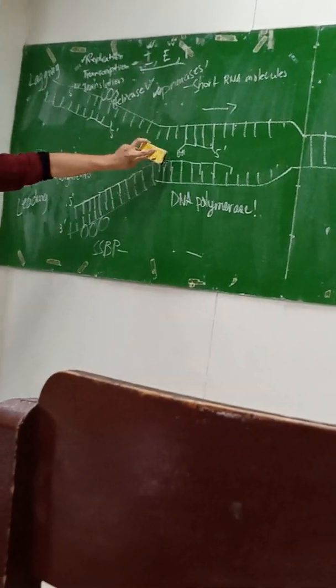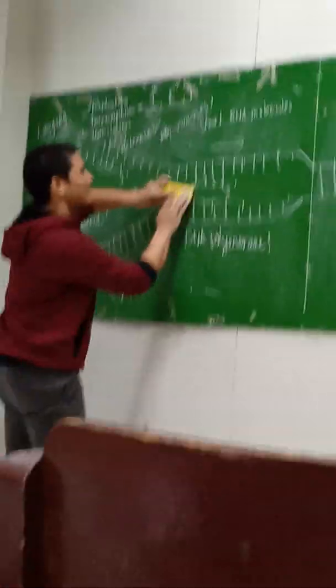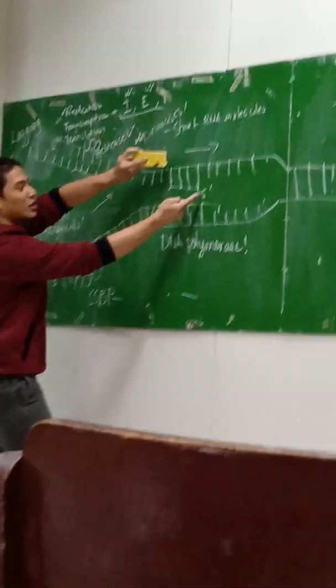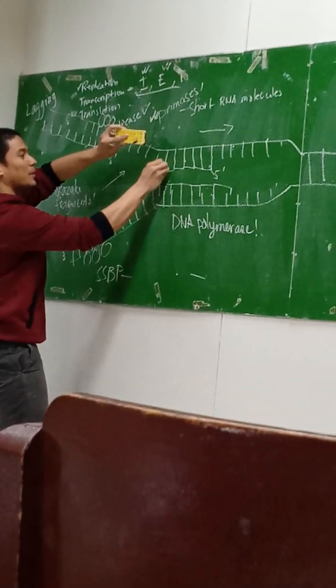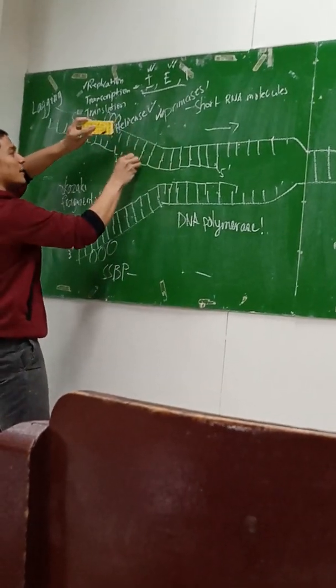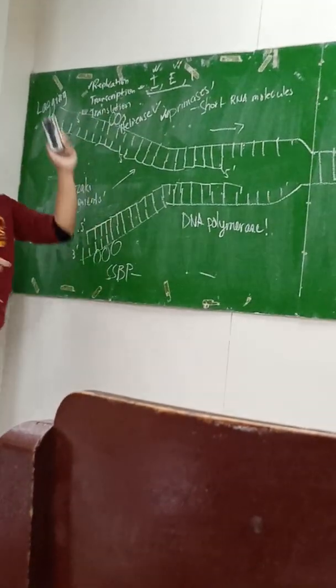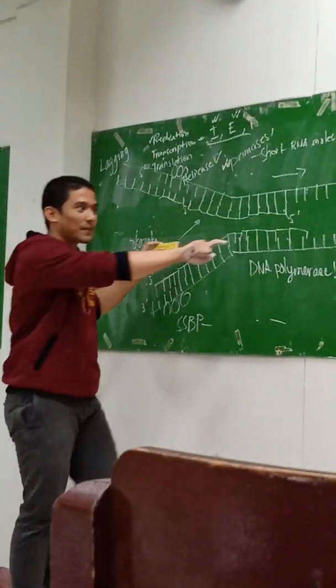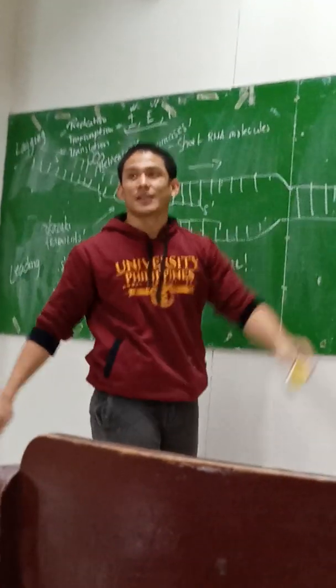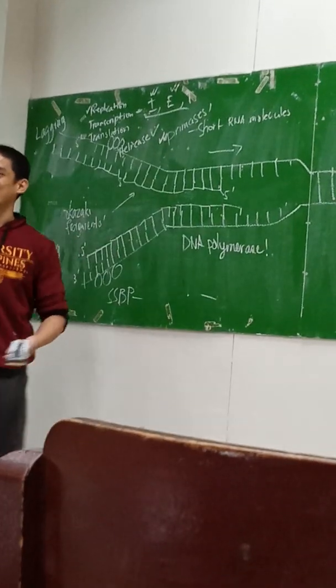So ito, so OH group runs in this direction, so nandito yung 5', 3', so dito papunta yung synthesis natin. So in short, in your lagging strand, synthesis occurs na pahinto dito. Whereas in your leading strand, it occurs very continuously. So far, so good? Yes.